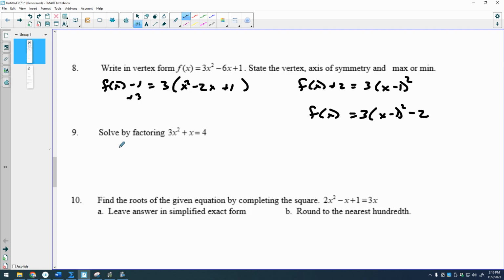Okay, solve by factoring. I'm going to move the 4 to the left and make it equal to 0. Before you can factor, before you can use the quadratic formula, your equation has to be set equal to 0. Okay, let's factor.